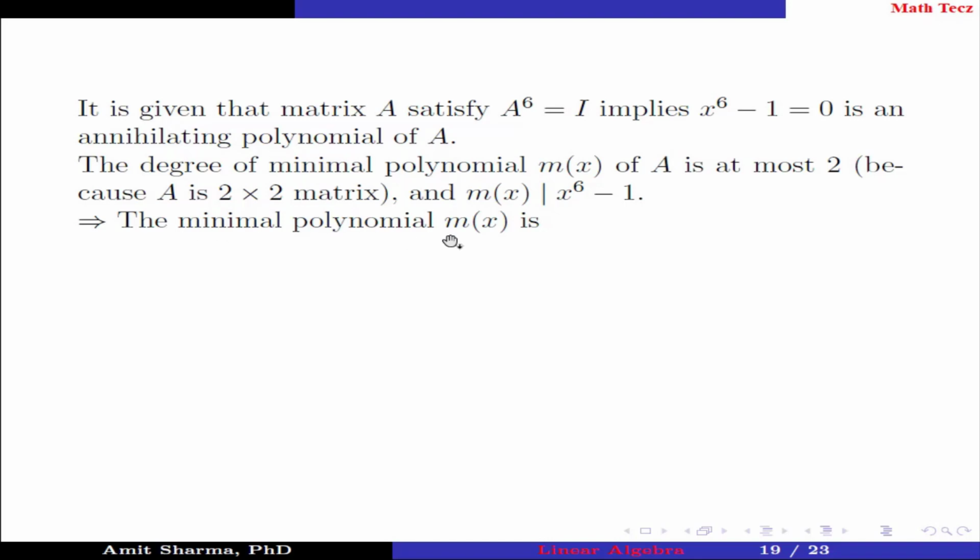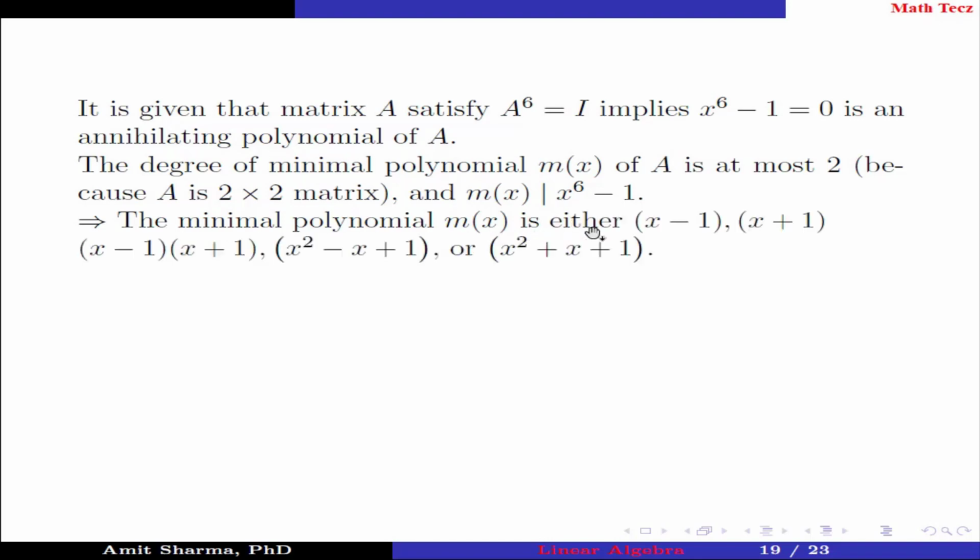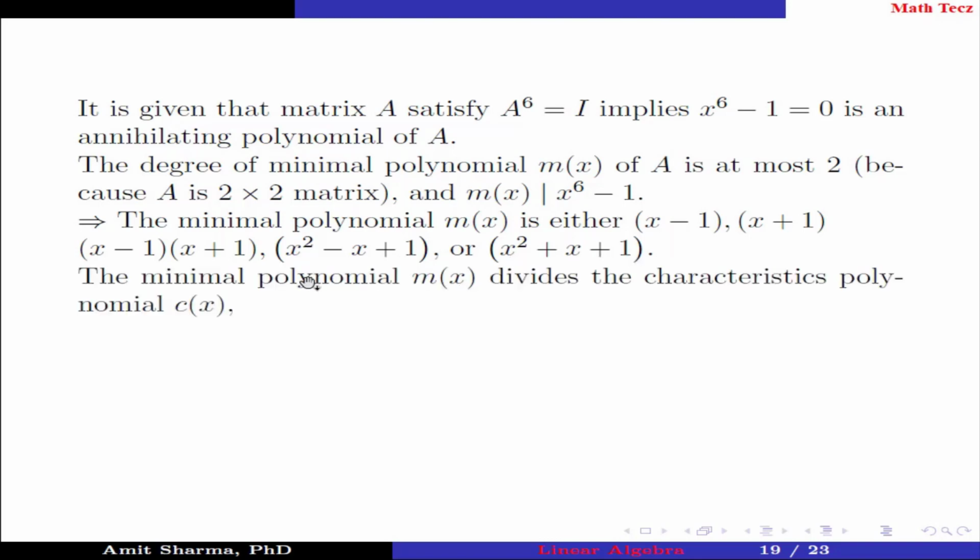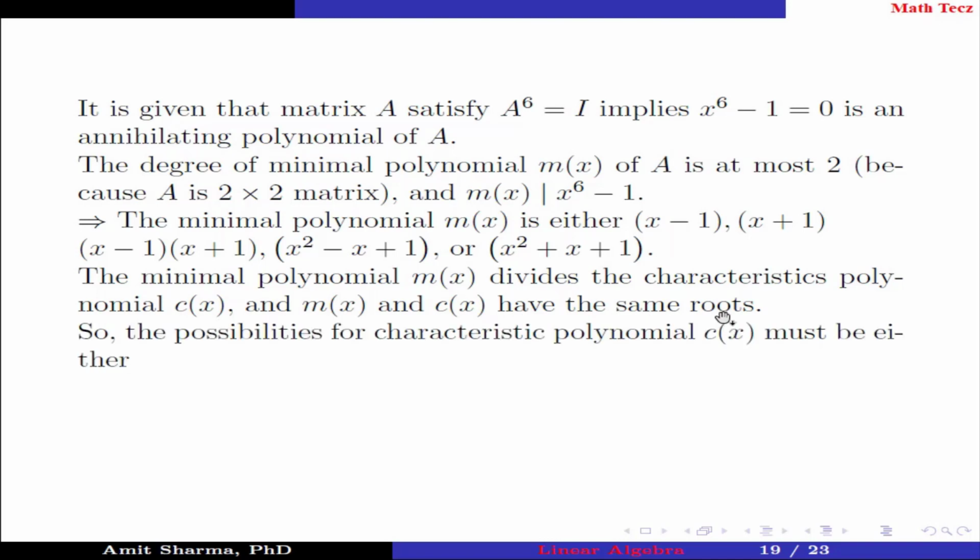This implies the minimal polynomial m(x) is either x minus 1, x plus 1, (x minus 1)(x plus 1), x square minus x plus 1, or x square plus x plus 1. The minimal polynomial m(x) divides the characteristic polynomial C(x), and m(x) and C(x) have the same roots.